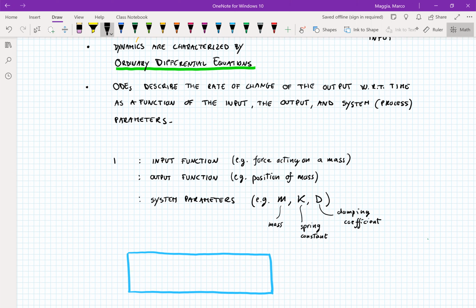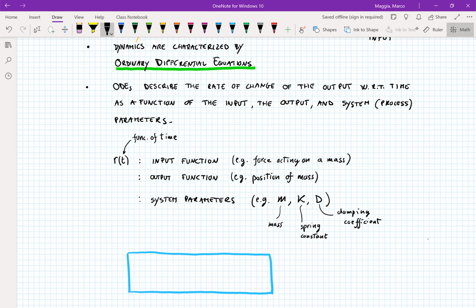Consider an input function, and usually in control systems, we indicate the input function with R. So R of t will be our input function as a function of time. So here in parentheses, we have t, indicating that this function is really a time function.